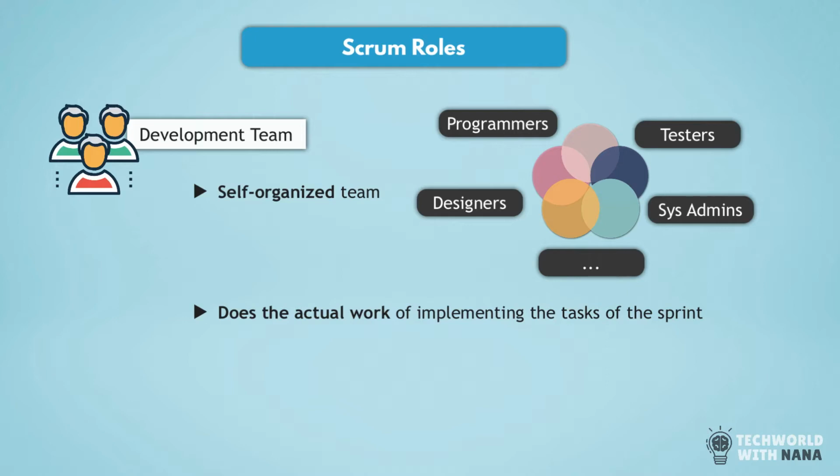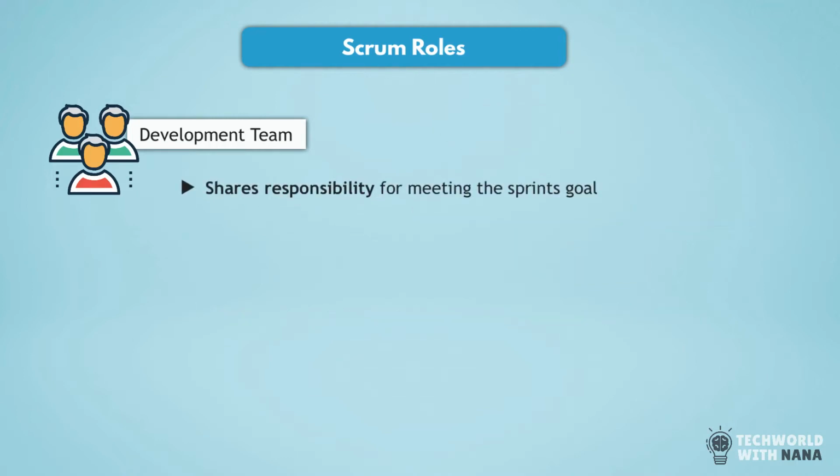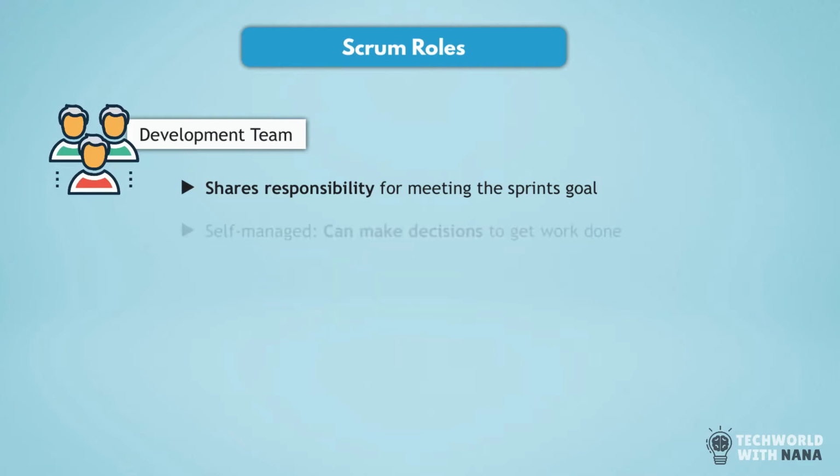And members of the Scrum team self-administer tasks and also share responsibility for the sprint's goals. So you don't have this typical traditional manager role here that decides what the team should do. It is really a self-managed team where every team member takes responsibility for meeting the goals of each sprint.